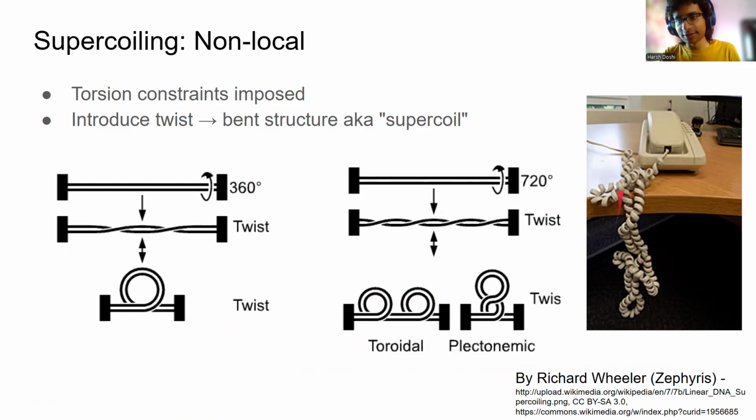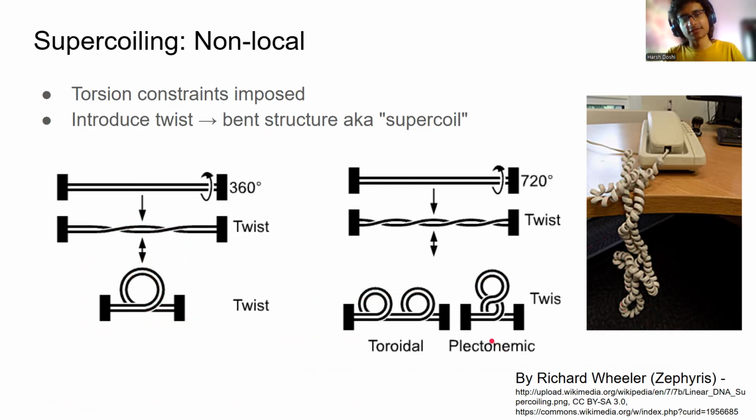So for example, here is a telephone cord, which is itself a coil. And because of the turns imposed on the wire, you can see that there are multiple of these protruding structures that form. This is essentially what supercoiling is. Because of the intrinsic twist present in the DNA, it takes higher order supercoiled structures in cells.